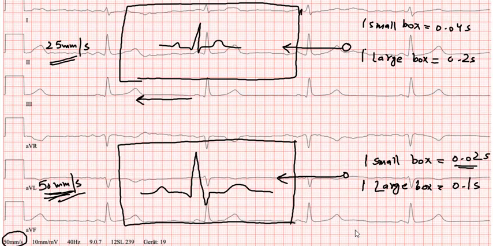Now, how to calculate the heart rate when the speed is set to 50 mm per second? Well, the formula is the same, that is 300 divided by RR interval in large boxes.